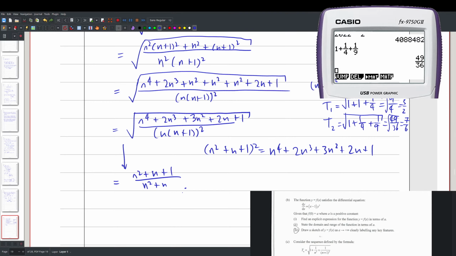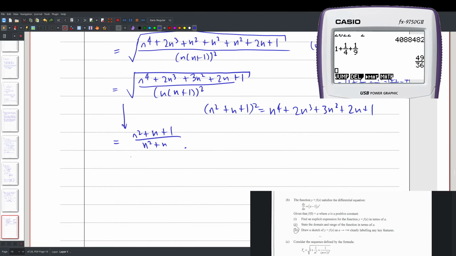Yeah, it is, right? 2 squared plus 2, 2 squared plus 2 plus 1, yep. Which is then equal to 1 plus 1 on n squared plus n. Yep. And that is then equal to... alright, it's equal to n plus 1.